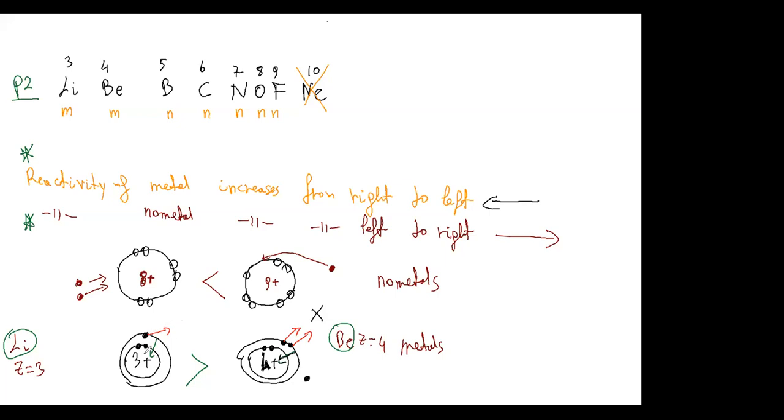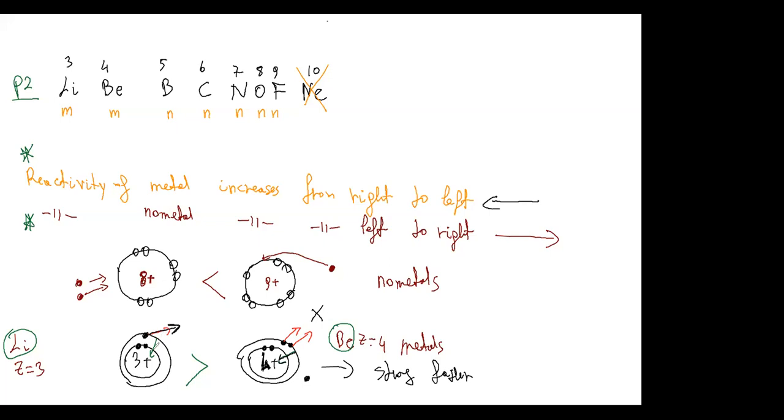So the electron for the lithium goes easily like this because the nucleus is weaker. So here is, I would say, a strong father at home, which doesn't allow children to go out. And here for the lithium, the weaker father allows children to go out.